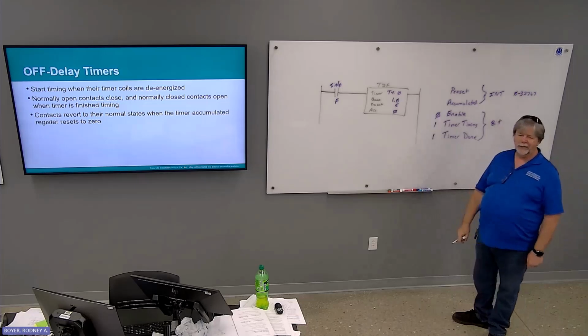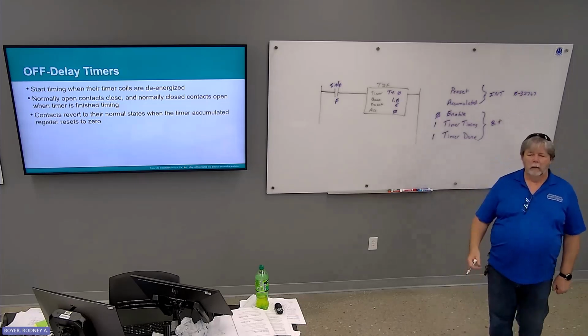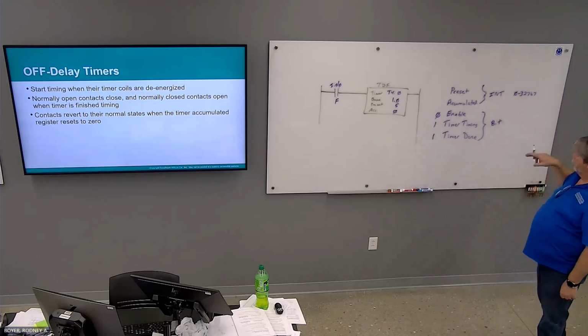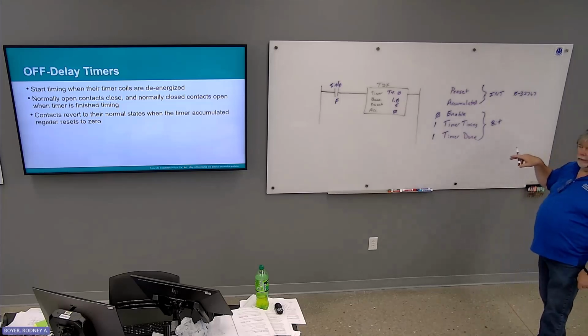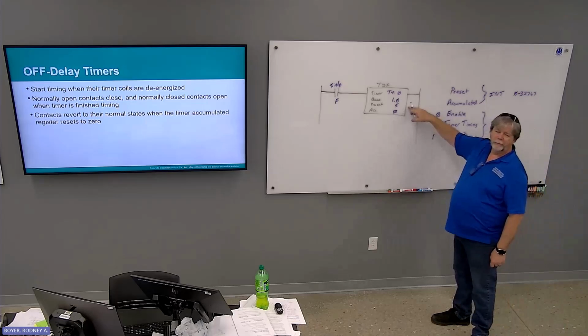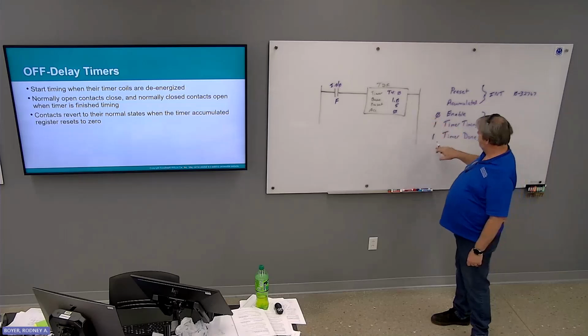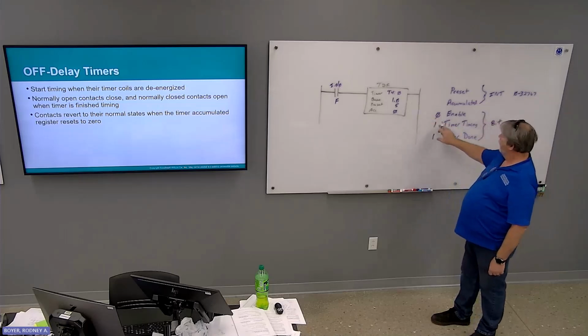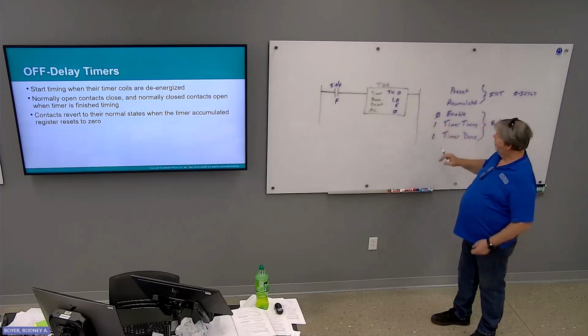The done bit stays set until the accumulated value is equal to the preset. When that happens, the done bit will clear and the timer timing bit will clear.